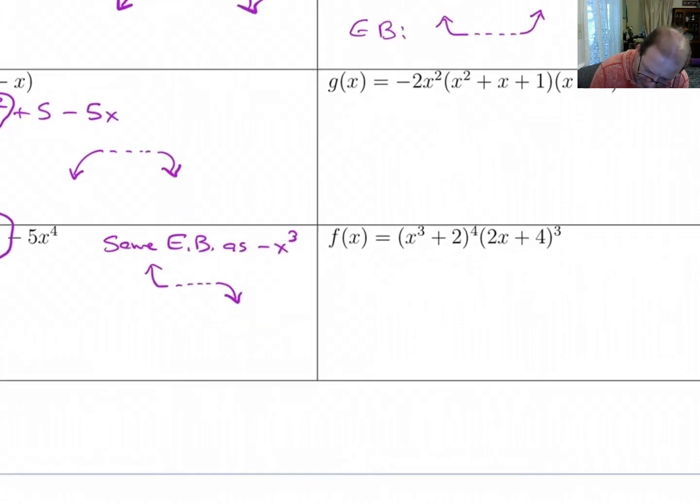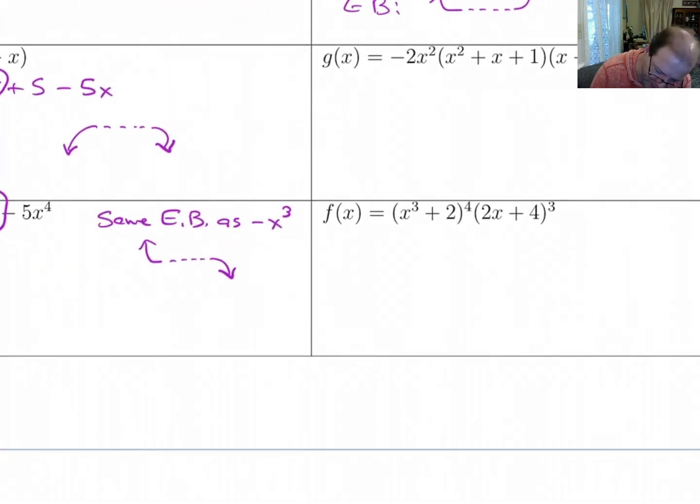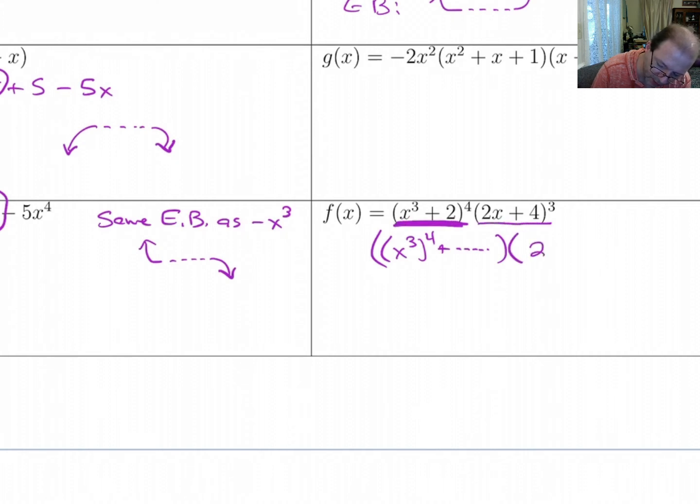If I were to take this and multiply it out, this first one would give me x cubed to the 4th plus some smaller stuff, if I raised this whole thing out. And the second one would give me 2x quantity cubed plus some smaller stuff.